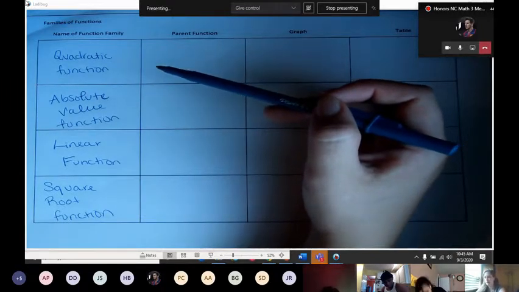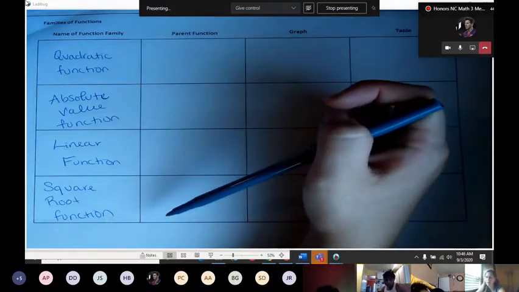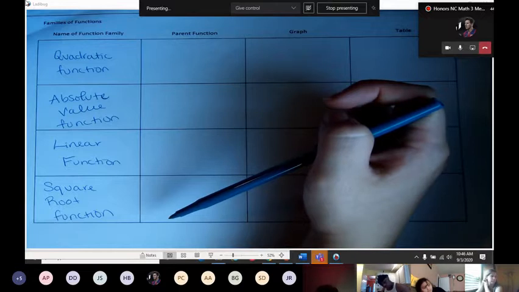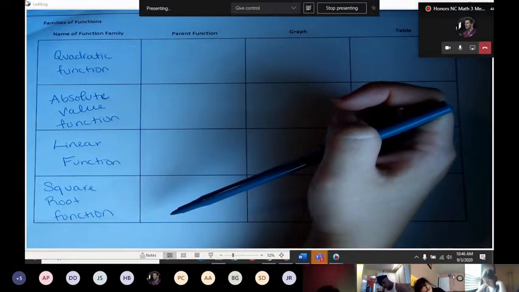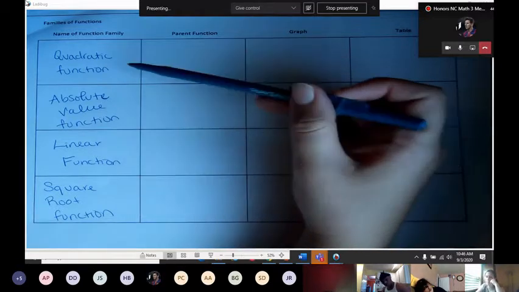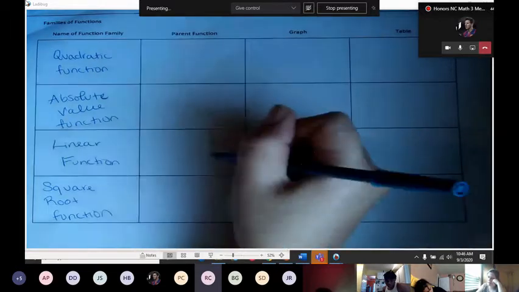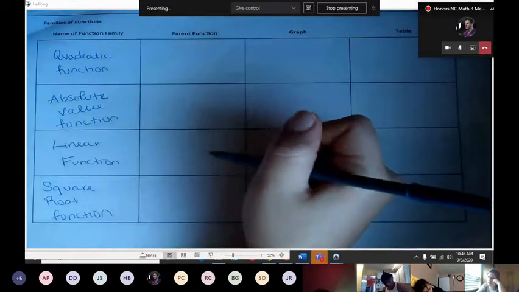Okay, so Roxy, are you there? You can pick any one of these 4. How do I write it algebraically, like an equation? Pick one of the families first. Linear function. Okay, so when I write out a linear function, what do I write?